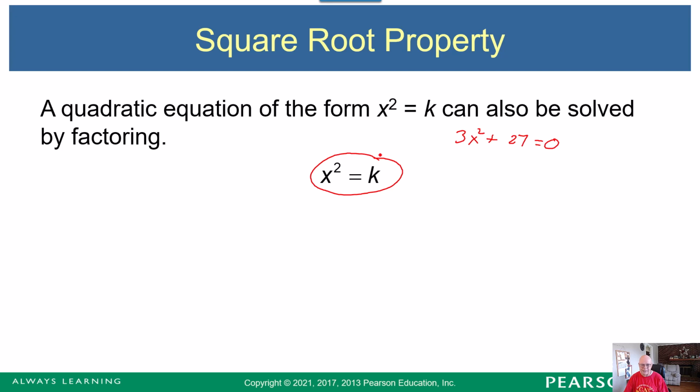Now, you don't see quadratic equations looking like that too often, but if they do look like this, all you have to do is take the square root of both sides, and remember that square roots can be positive or they can be negative. So for this one, your x will have two answers.